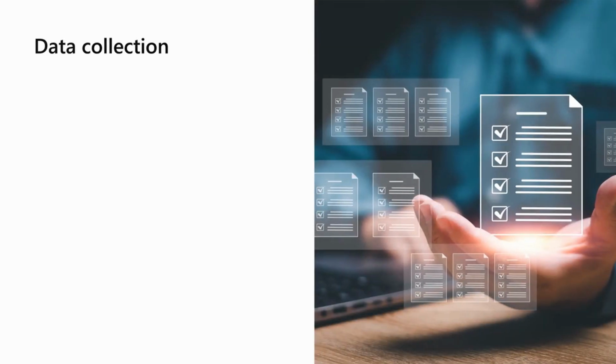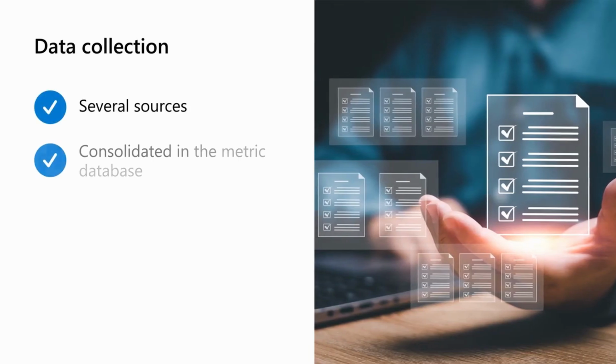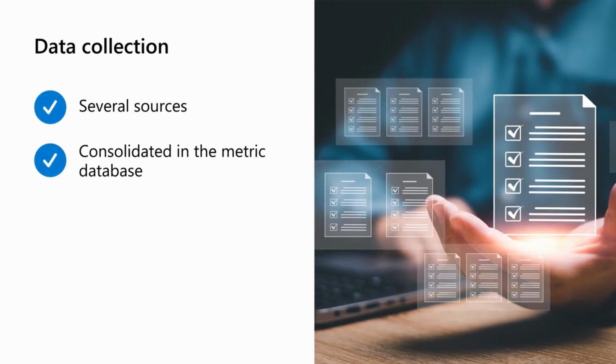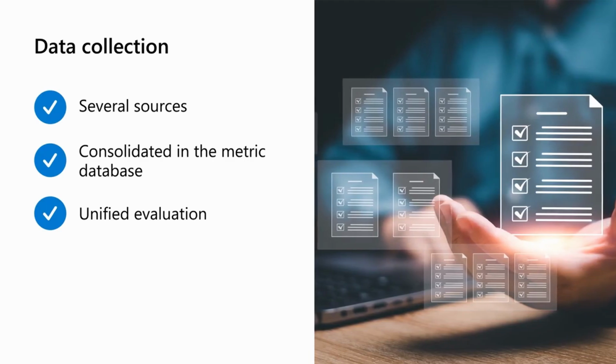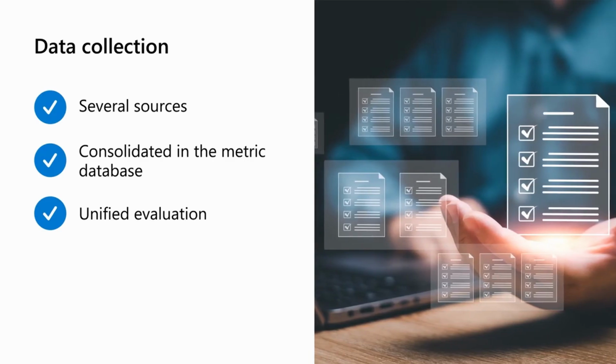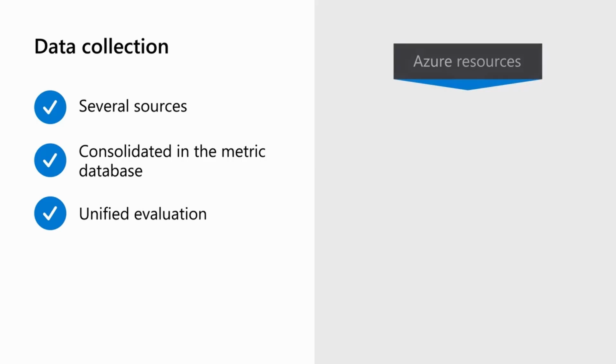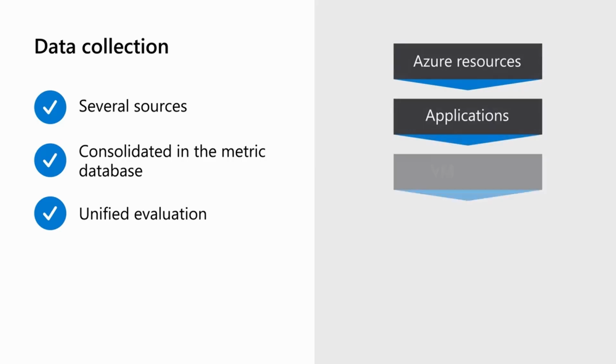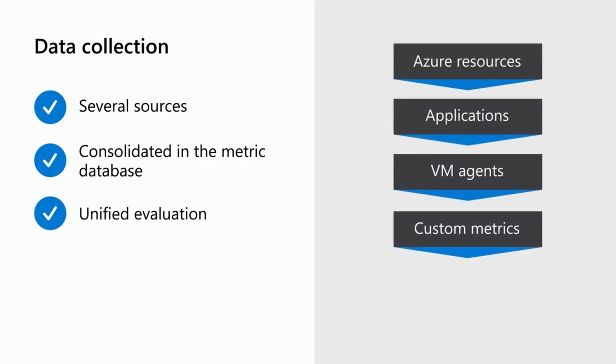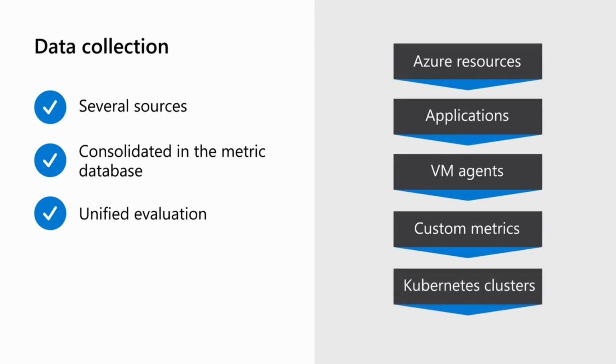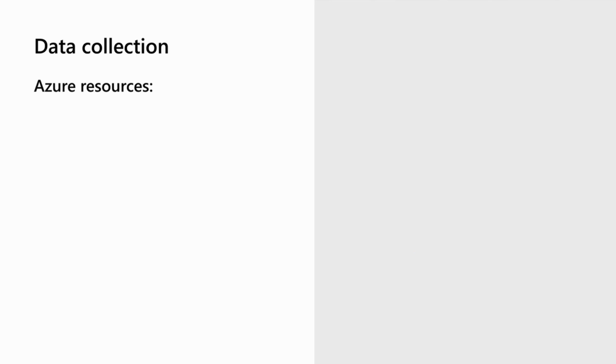Azure Monitor collects metrics from various sources and consolidates them in the metric database, while they're evaluated together regardless of their source. The sources include Azure resources, applications, VM agents, custom metrics, and Kubernetes clusters. Let's explore these sources. Azure resources.